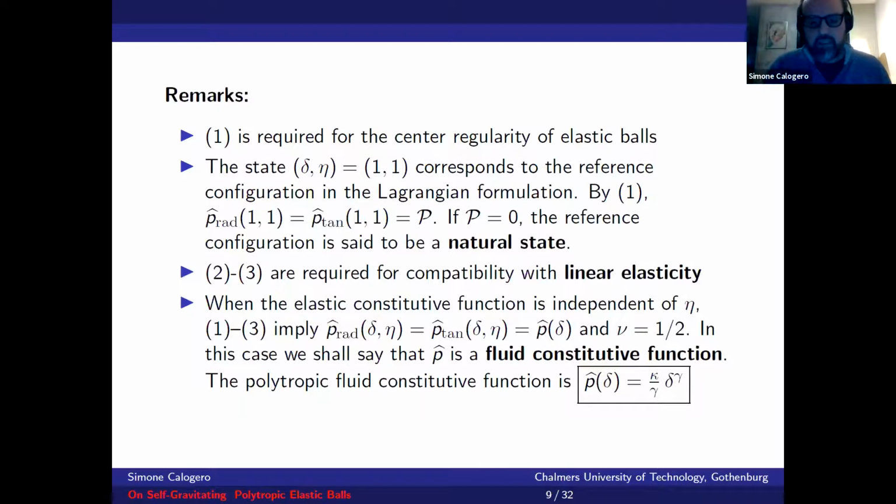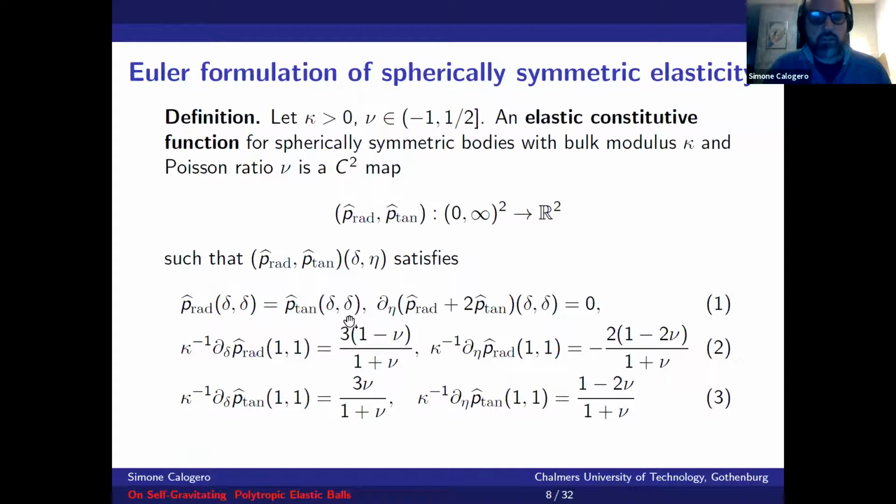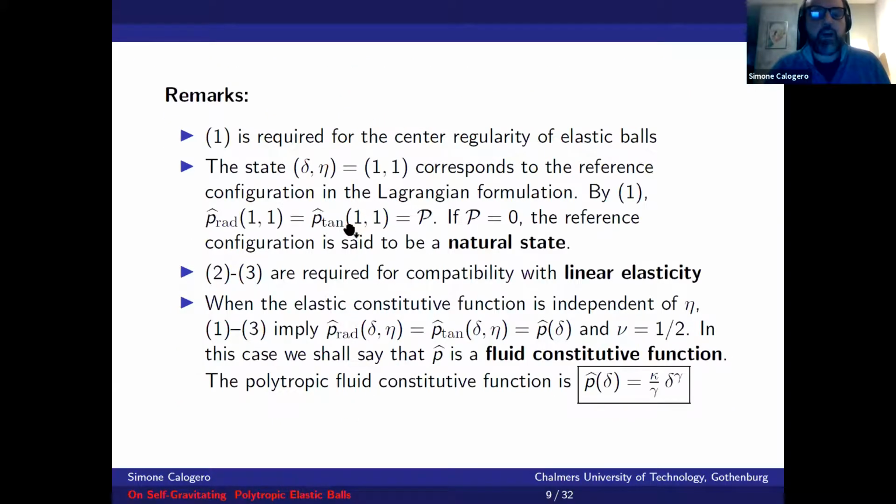Maybe there is something more to say about this equation actually. Because of the first equation, 1, when I set delta equal 1, the radial pressure and the tangential pressure are equal in the reference state. So the reference state is isotropic. Let's call P these common values of the principal pressure on the reference state.